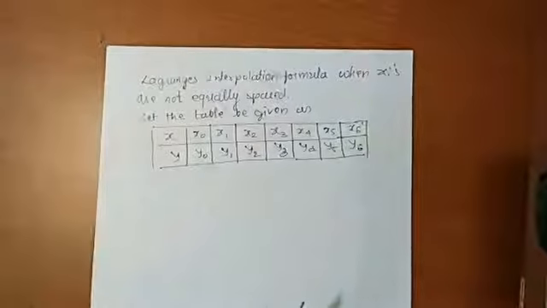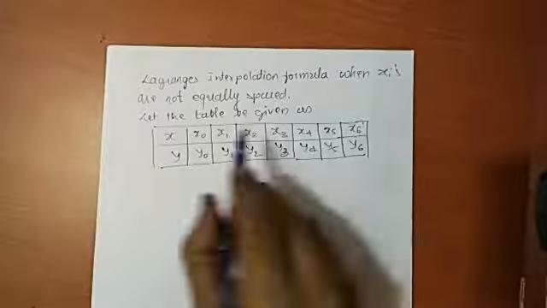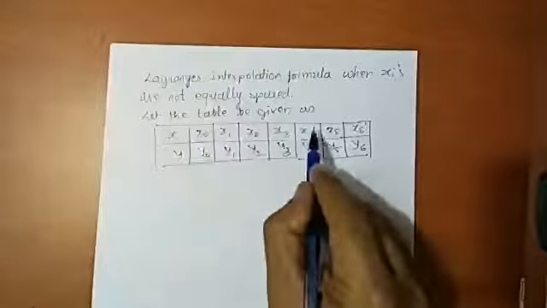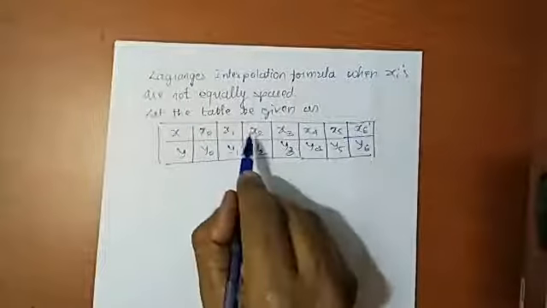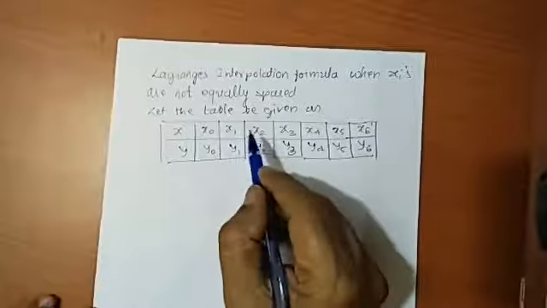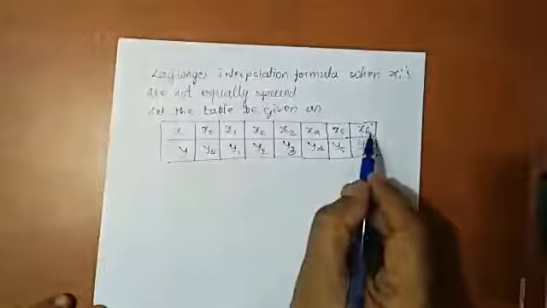With this data, I can form a polynomial. See here, 1, 2, 3, 4, 5, 6, 7 values are given for x. So with this, I can form a Lagrange's interpolation formula.